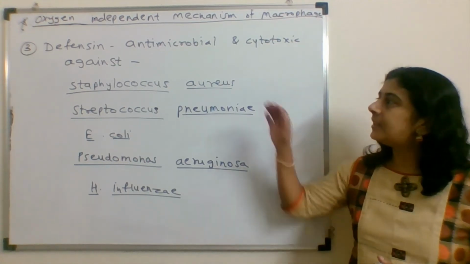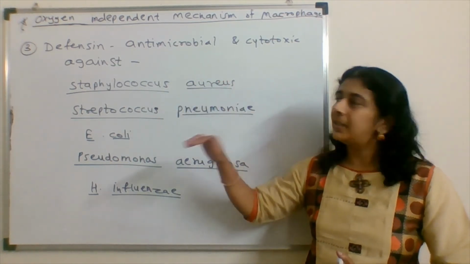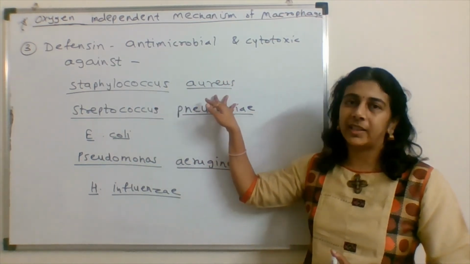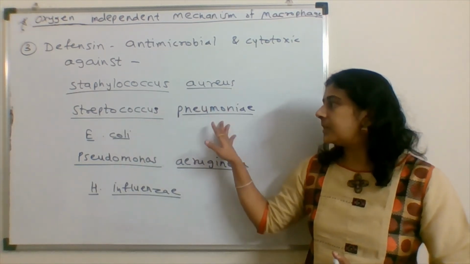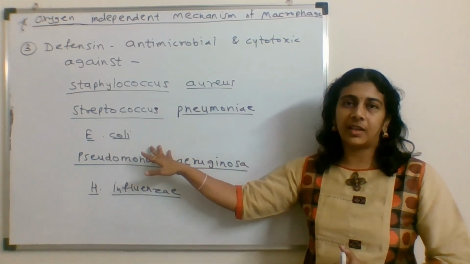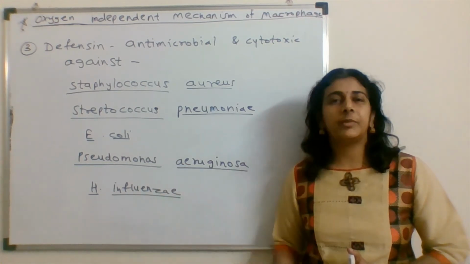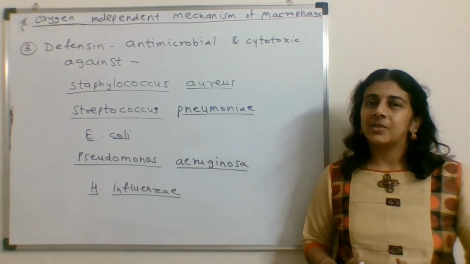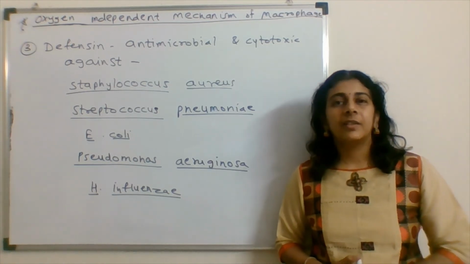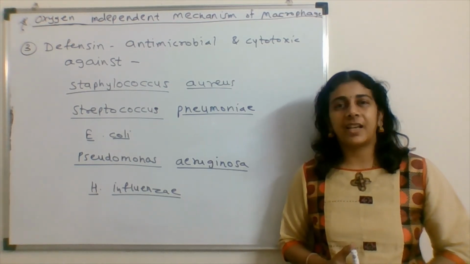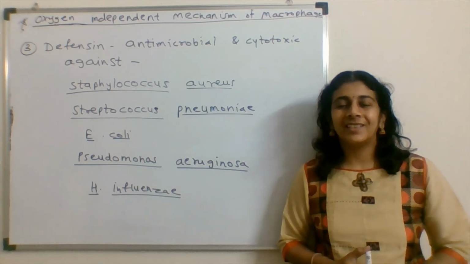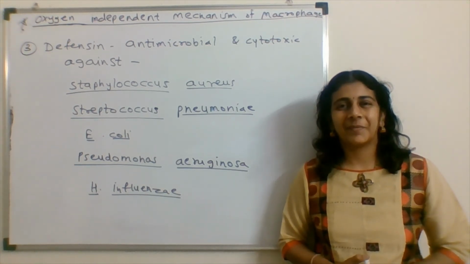This defensin is active against Staphylococcus aureus, Streptococcus pneumoniae, Escherichia coli, Pseudomonas aeruginosa and Haemophilus influenzae. So these bacteria can get killed by the formation of ion channels using defensin in their cell membranes.